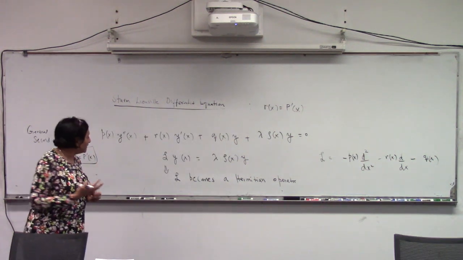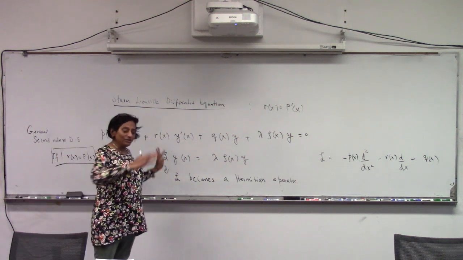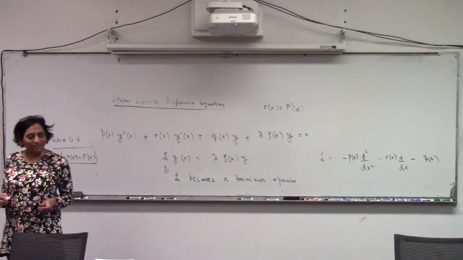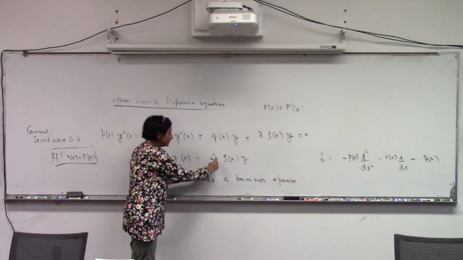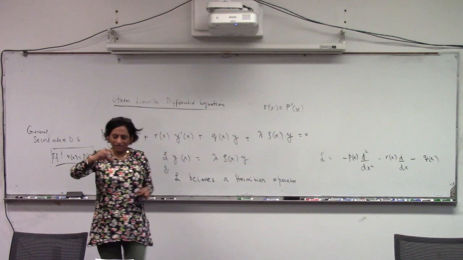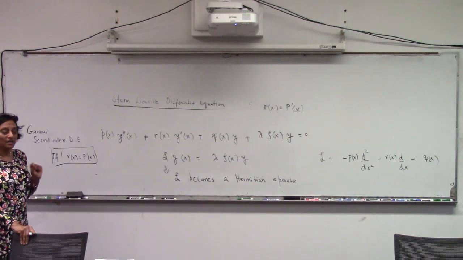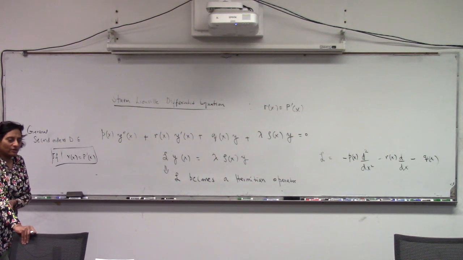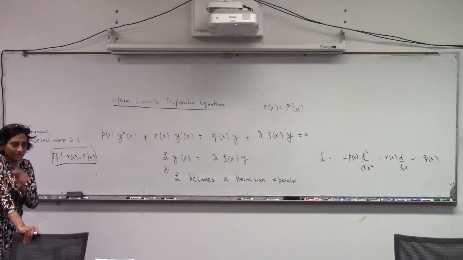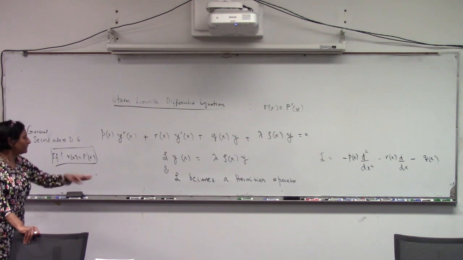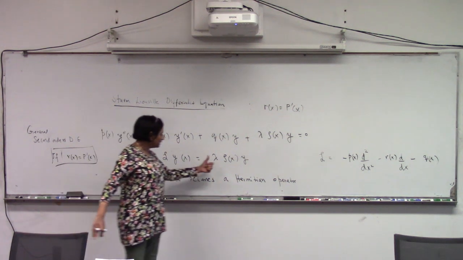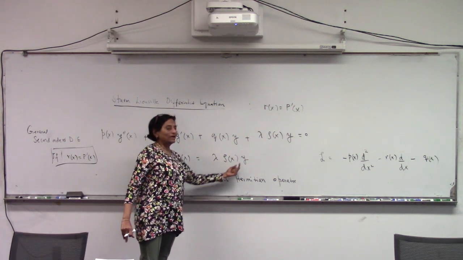What is the advantage, in a matrix linear algebra class? Supposing you just think of this as H psi equal to E psi, and H is a Hermitian operator. When you learned linear algebra, what are the important properties you learned? A Hermitian operator operates on something and gives you eigenvalue times something.